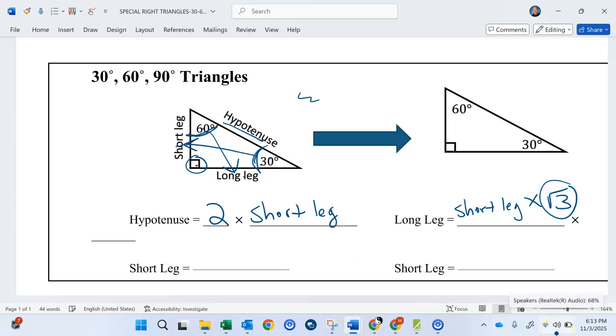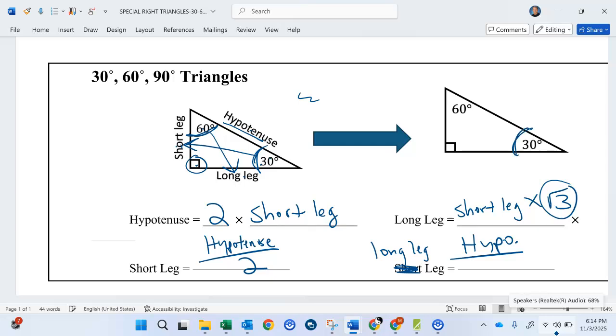Well, if you have the hypotenuse, it's going to be the hypotenuse divided by 2, and the long leg, again, would be the hypotenuse divided by, well, let's just put a hold on that for now. But let me give you an example.